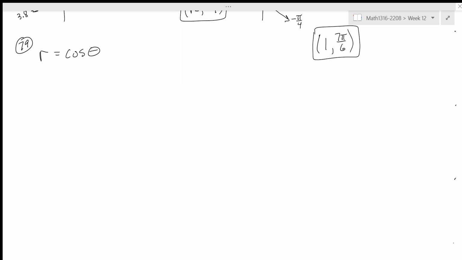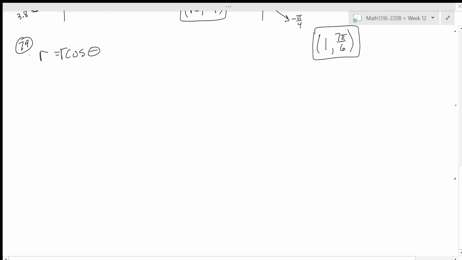What I need over here is an r cosine theta, because if this was r cosine theta, I could replace that with x. So is it legal? Can I just put an r there? Yes, I can. But what do I have to do to keep it legal?